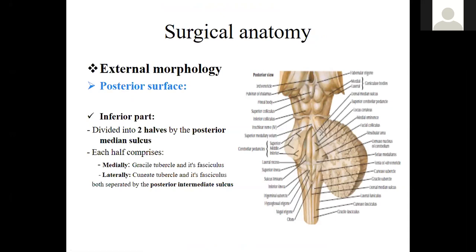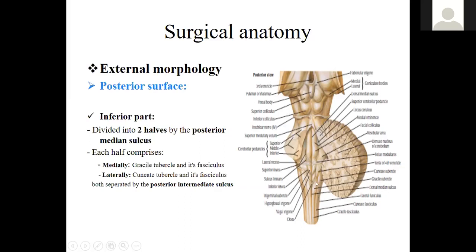Still in the external morphology, at the posterior surface, we have the inferior part divided into two halves by the posterior median sulcus. Each half comprises medially the gracile tubercle with its gracile fasciculus, and laterally the cuneate tubercle with its cuneate fasciculus.